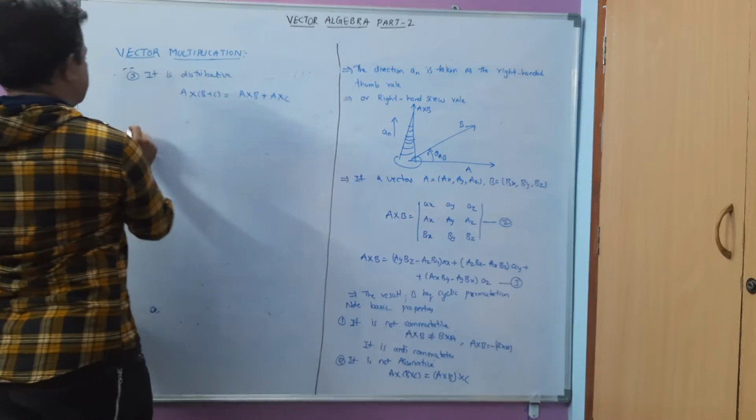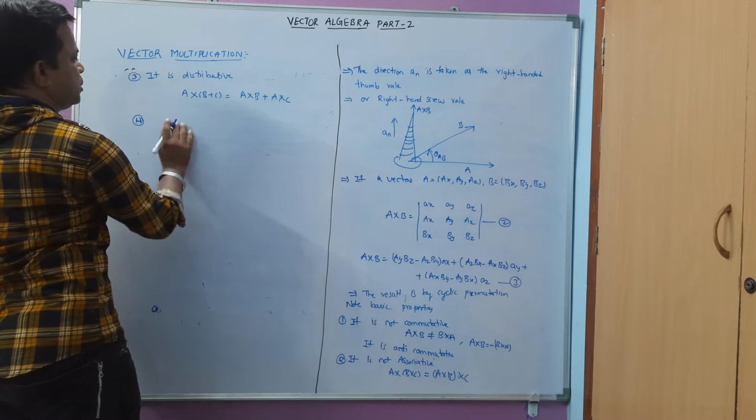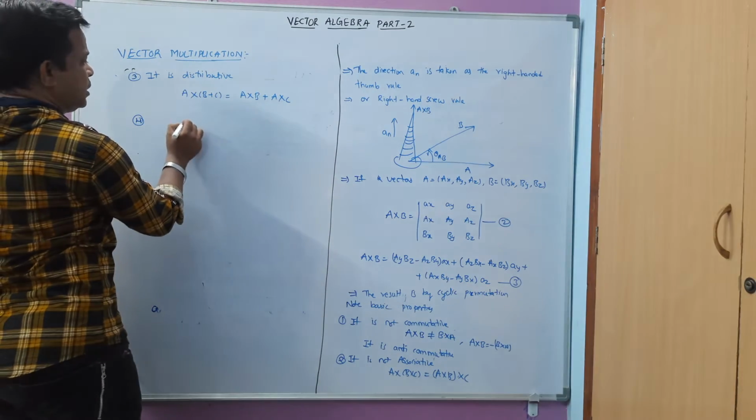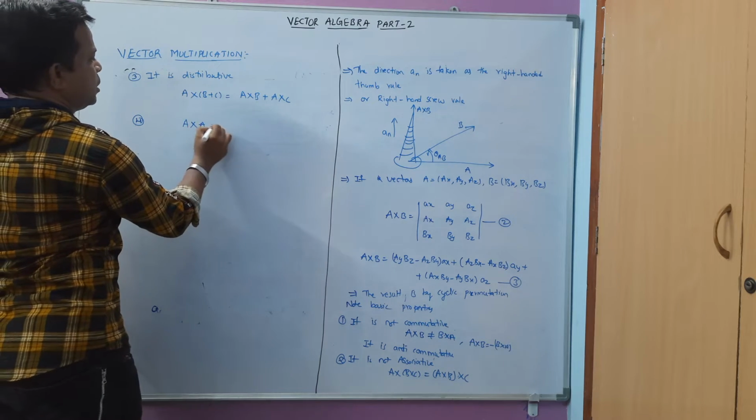As we have seen A dot A is given as A square, but A cross A will give me the zero result.